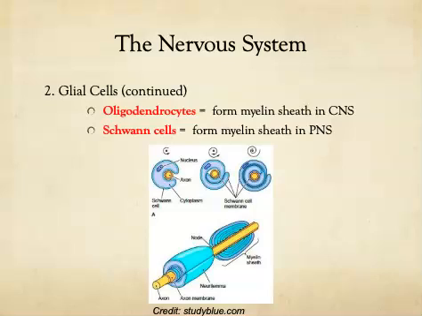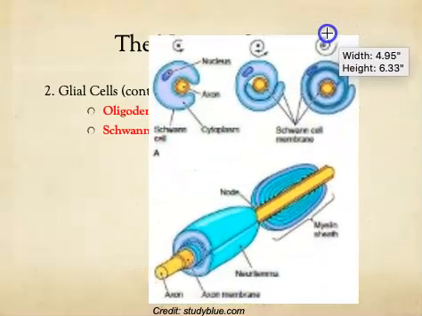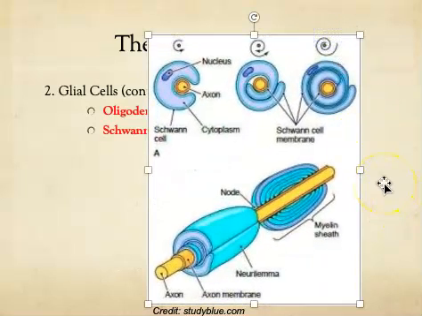Now, it's important to know that not all neurons have a myelin sheath around their axon. Only some are myelinated, others are unmyelinated, and we'll talk about that in just a few minutes. If you look at this image at the bottom of this slide, you can see how these myelinating cells function. What's being depicted down at the bottom, this yellow line right here, represents an axon.